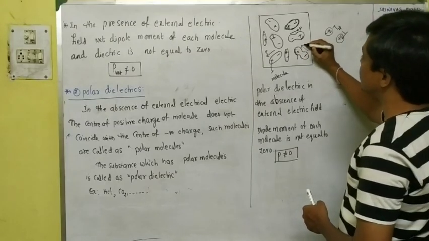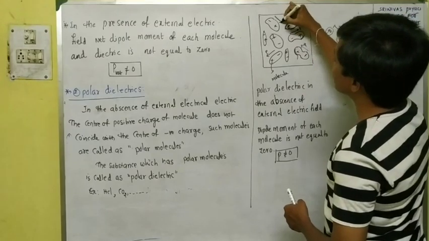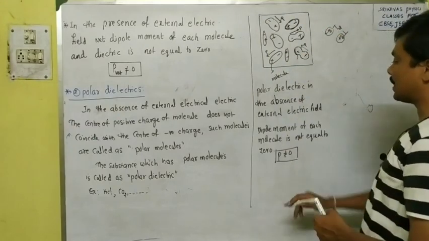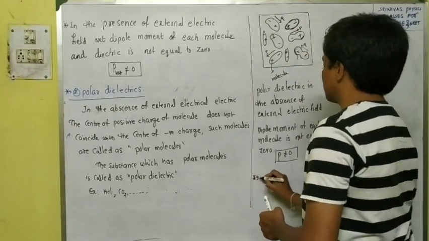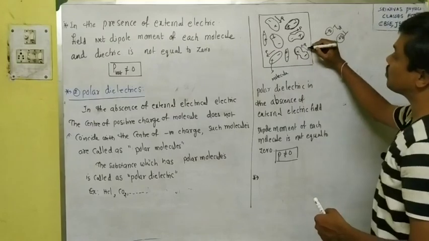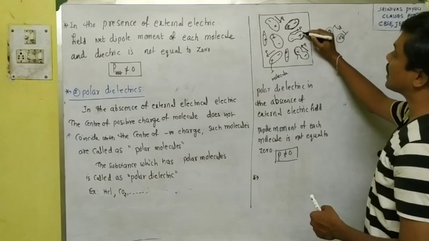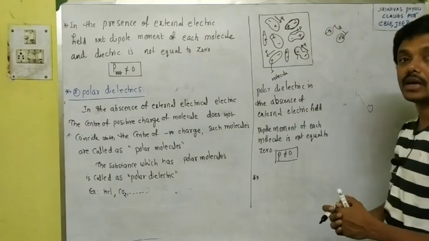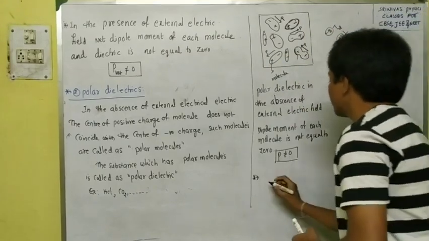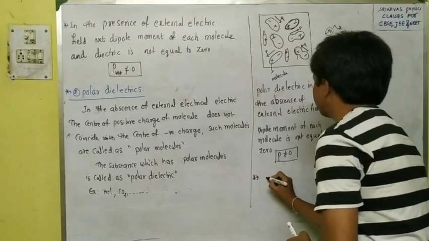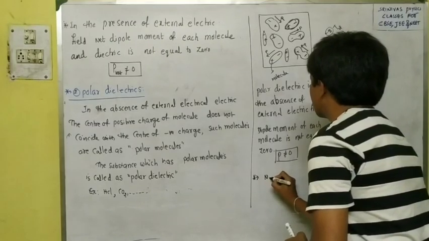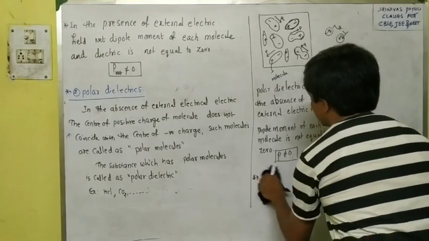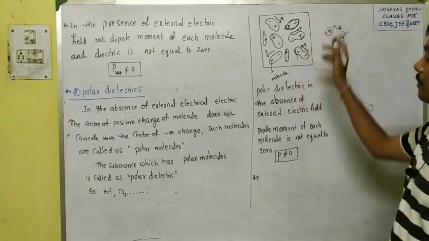This side for this dipole moment, minus to plus, and for this one like this. Then the net dipole moment of the dielectric will become 0, right? Because the dipole moment of one molecule is cancelled by the other molecule, because these dipole moments are randomly distributed. Then we say that the dipole moments of each molecule are in different directions.